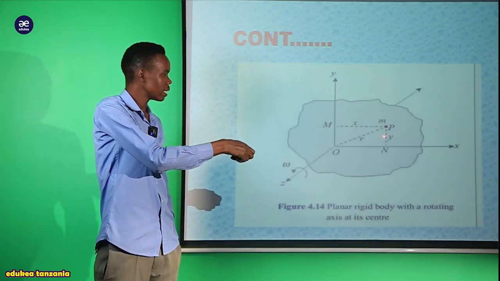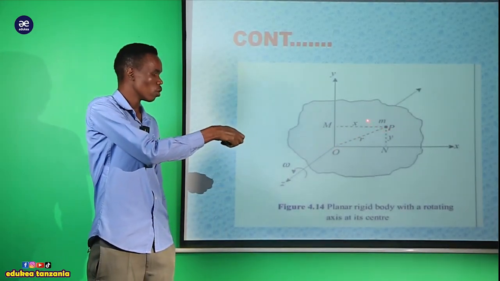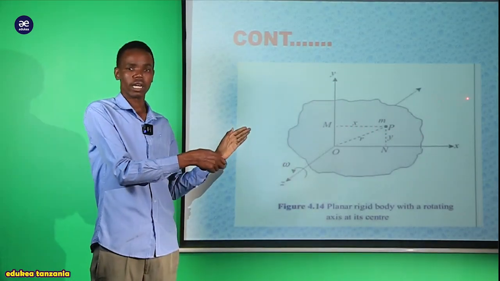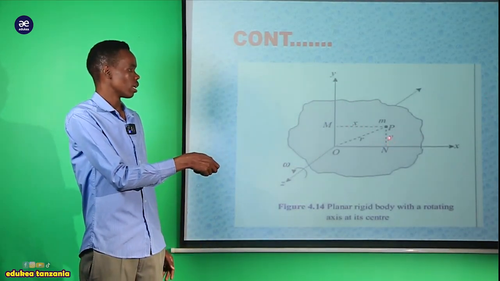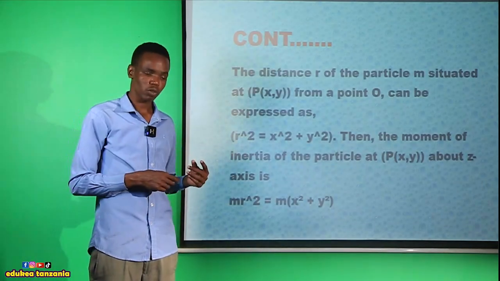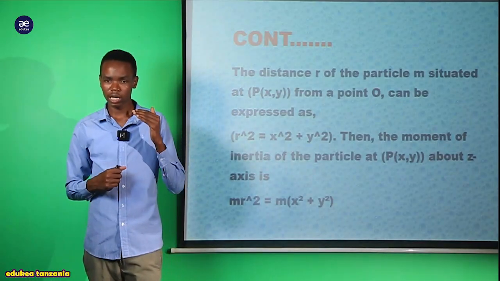Kwa tuweze kupata hii distance ya kutoka kwenye center mpaka kwenye ile point yetu, we could involve the axes. It means tutaingiza the x axis and also the y axis. Kwa tutasema sasa kwamba tuweze kupata distances through the center to the point where the particle is located.